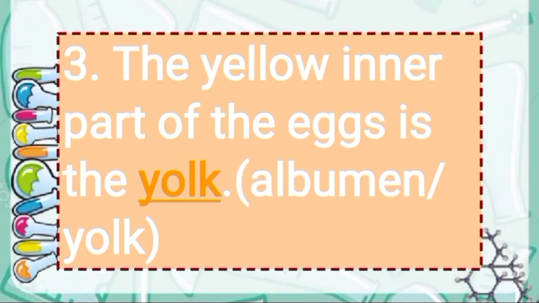First option: albumen. Second: yolk. So the answer is the yellow inner part of the egg is the yolk, which is rich in fats, vitamins and minerals, which contains food for the growing baby.